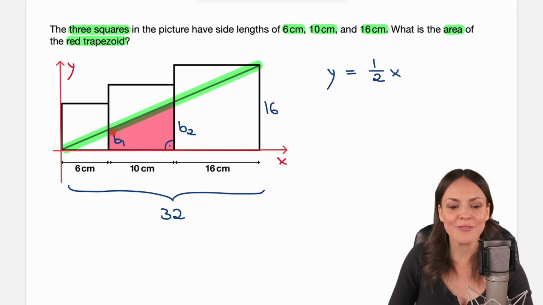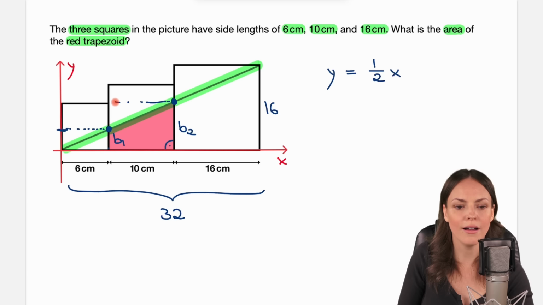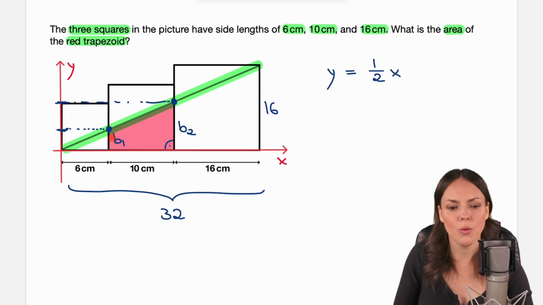Well, we were looking for b1 and b2, and the line helps us with that now, because I can find b1 here at this point of the line and b2 here at this point of the line. So this is the y value at this point, and this is the y value at this point. Let's start with b1. What is my x value at this point? It is from 0.